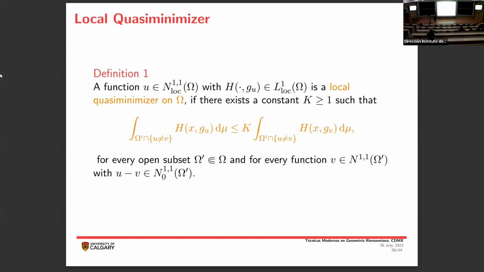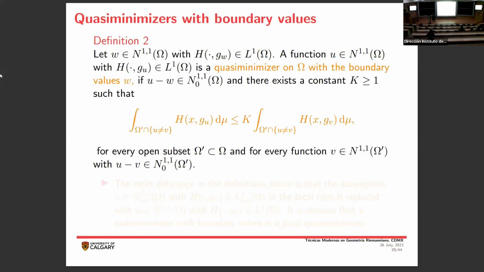Okay? Now, we not only want local results, we want global things. We want to see what happens in our whole domain. So we are gonna need as well the definition of a quasi-minimizer with boundary data.